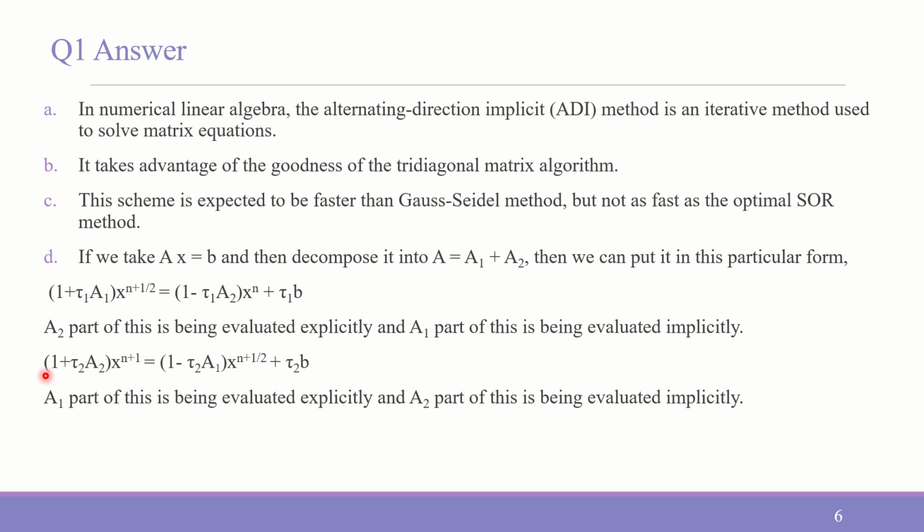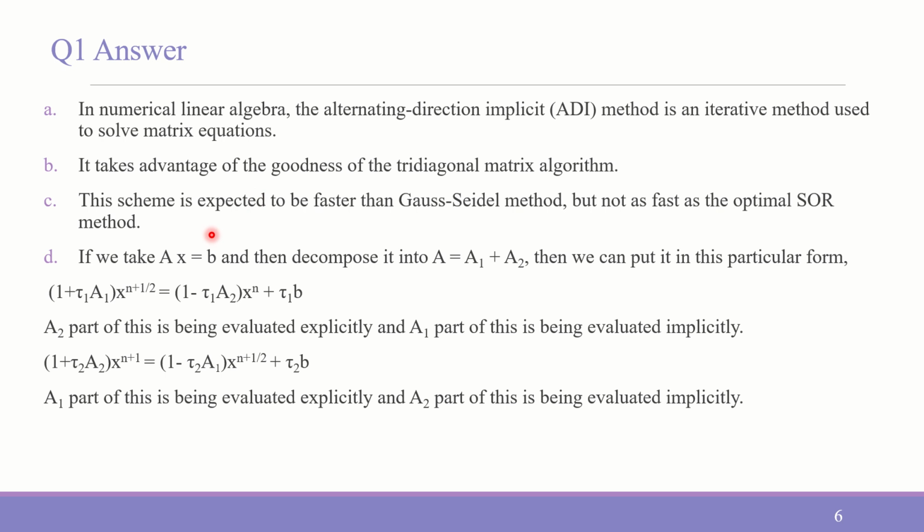The next equation is (1 + tau2 A2) x at n+1 equals (1 - tau2 A1) x at n+1/2 plus tau2 b. Here we are reversing it: the A1 part is evaluated explicitly, whereas the A2 part is evaluated implicitly. So we take advantage of this decomposition and go alternating direction, one direction, next direction, one direction, next direction. That is how it is done.